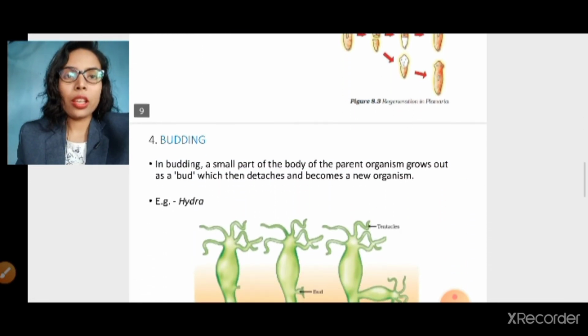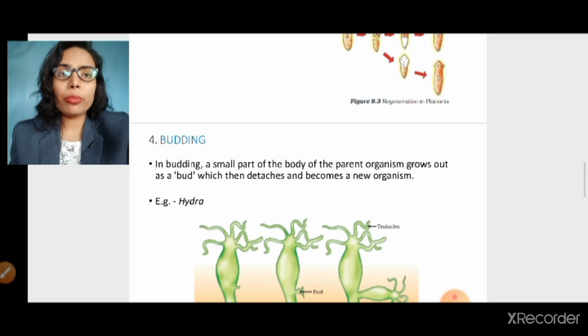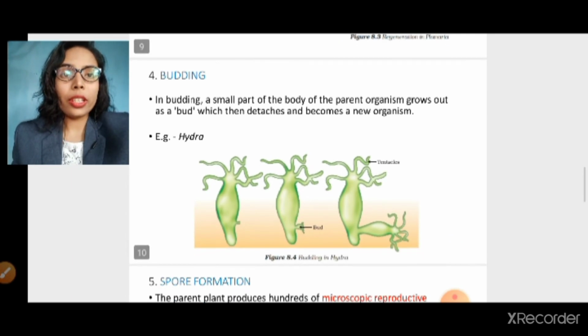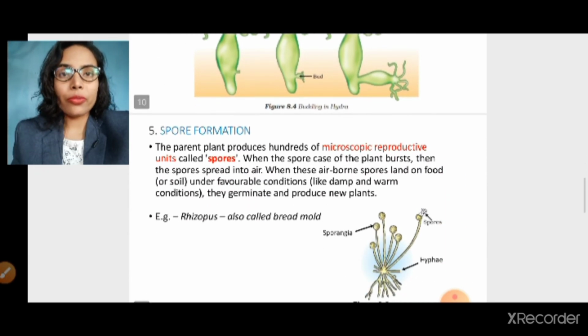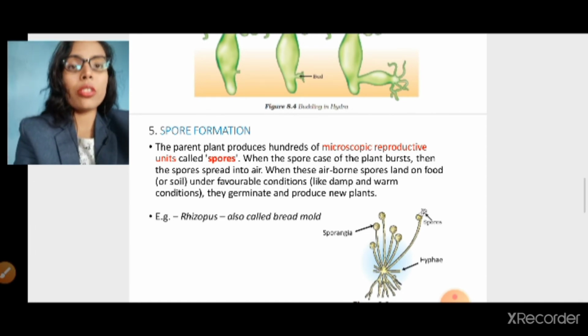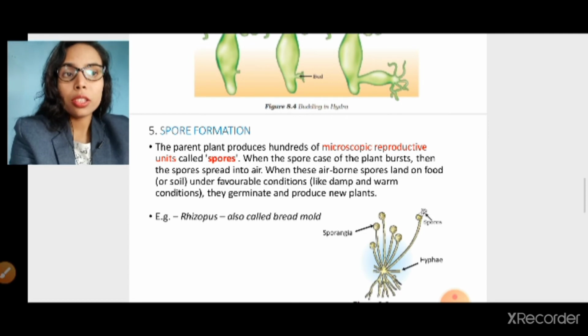Fourth is budding. In budding, a small part of the body of the parent organism grows out as a bud, which then detaches and becomes a new organism, as you saw in Hydra. Spore formation is the fifth type of asexual reproduction. The parent plant produces hundreds of microscopic reproductive units called spores.